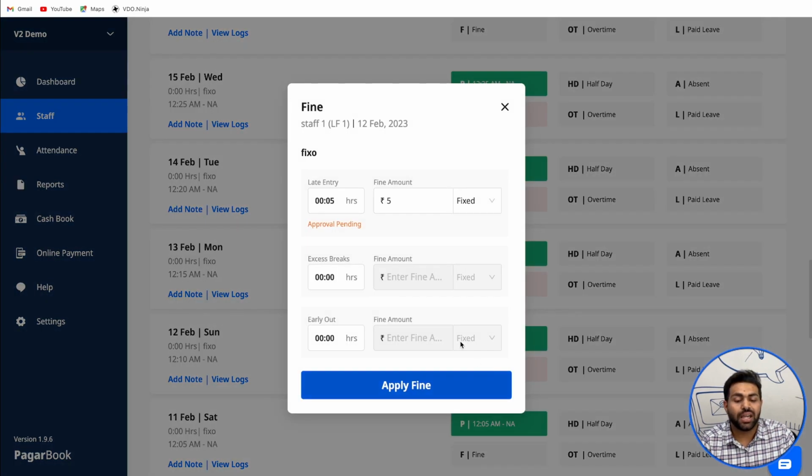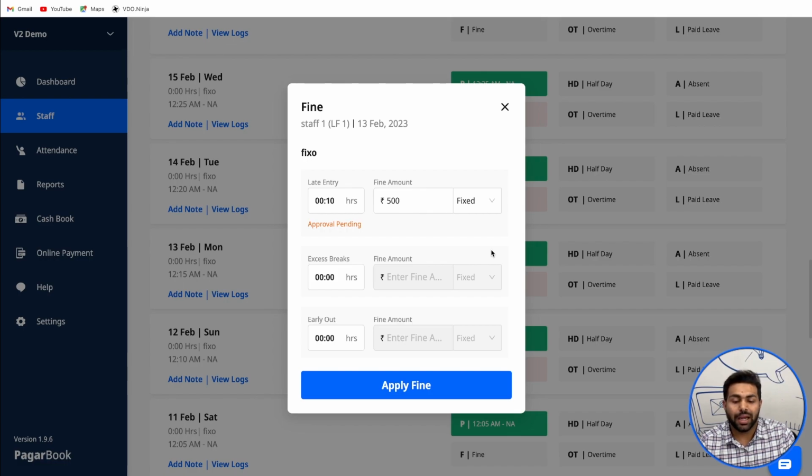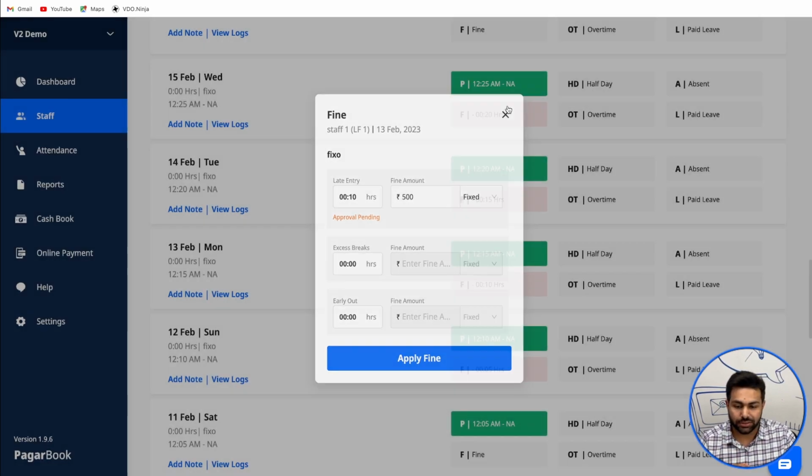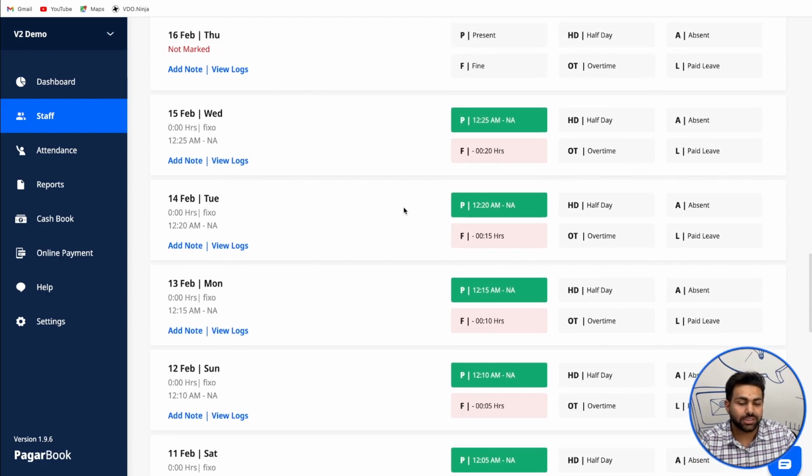So only 5-minute fine is deducted. Now again on 13th Feb, staff is late by 15 minutes, but 5 minutes will be deducted. So now fine will be applied only for 10 minutes. So in this pattern, for all the days, grace period will be deducted.